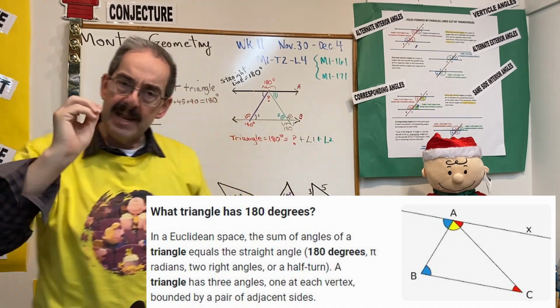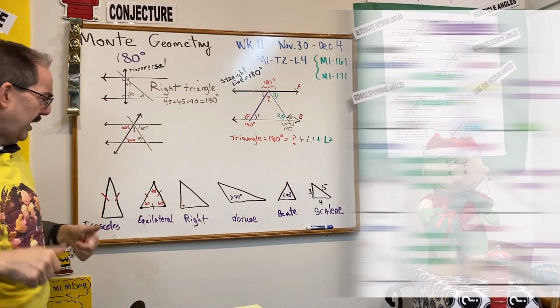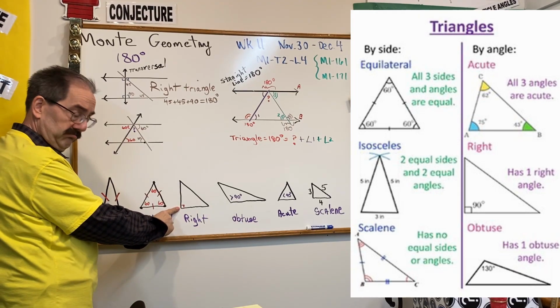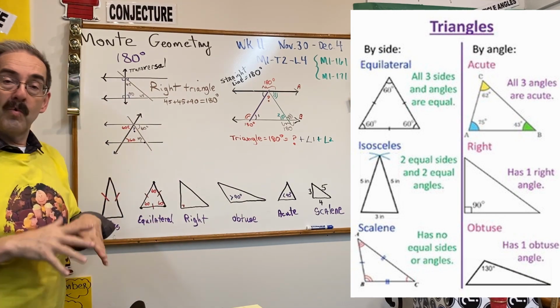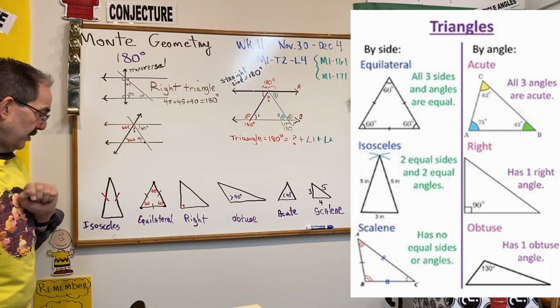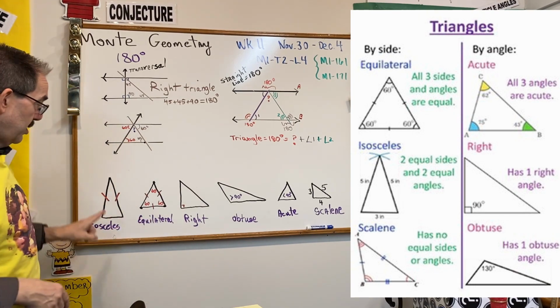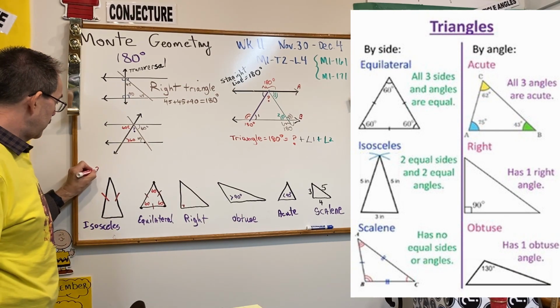All right, now the vocab. Right triangles, we're good at it, okay? So the right triangle, whenever you see that symbol. The equilateral triangle, the one where all the sides are equal, all the angles are equal, equilateral. The isosceles triangle, two sides are equal.